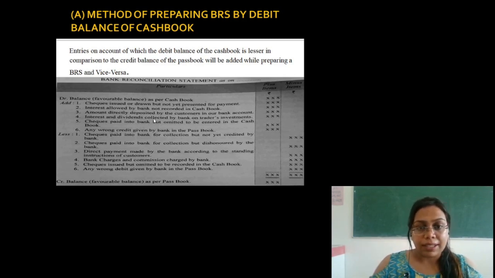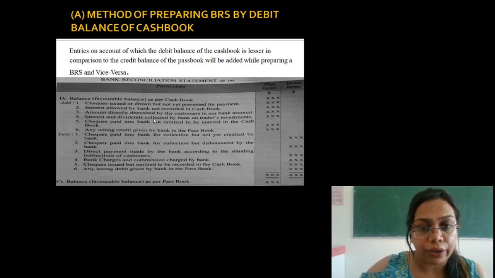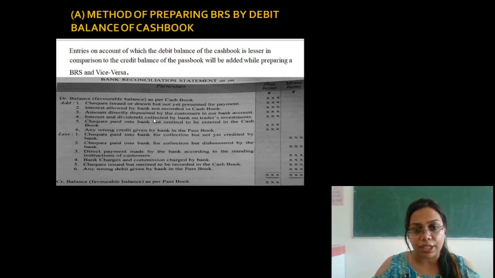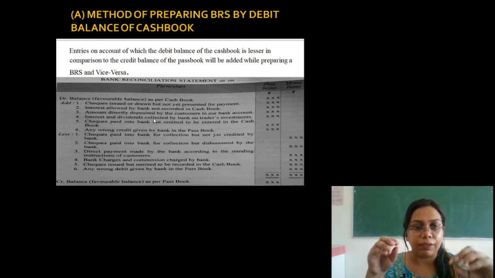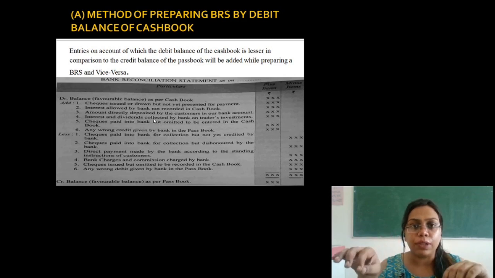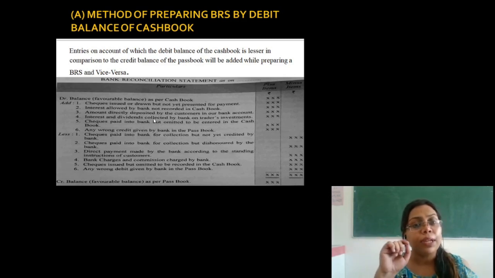So this was our format for bank reconciliation statement: particulars, plus item, minus item. If we are starting from debit balance as per cash book, then we will have to end with credit balance as per passbook. It is totally the opposite of what we are starting from. We are starting from debit, we will end towards credit, and we are starting from cash book, we will end towards passbook.